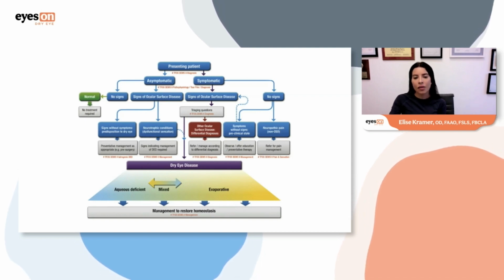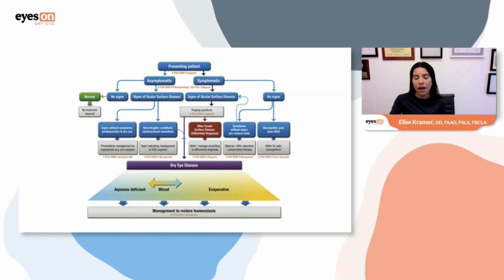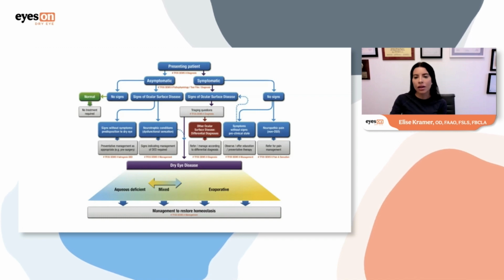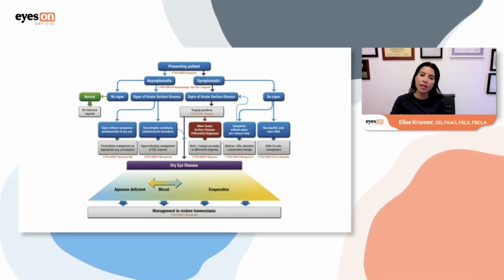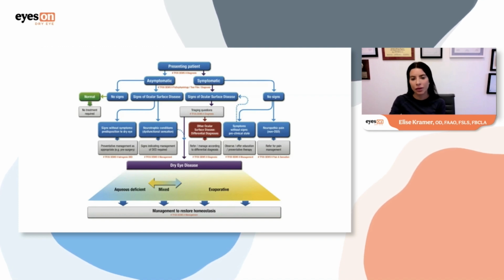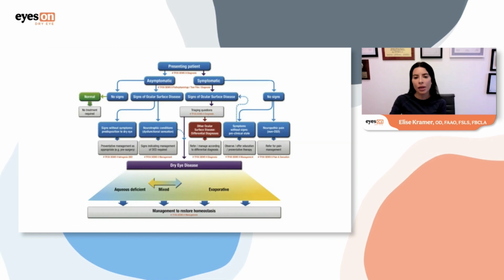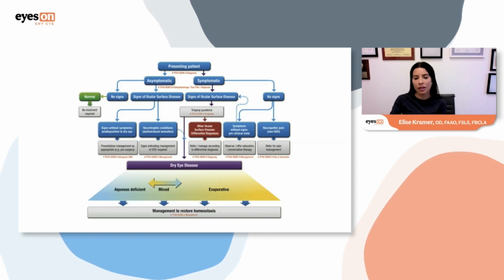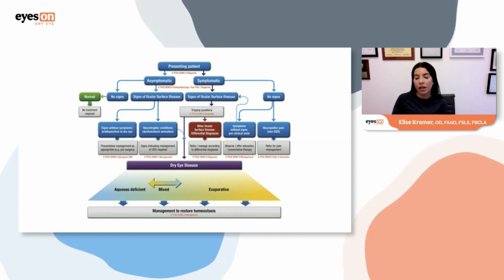Dry eye itself can be broken down into aqueous deficient dry eye and evaporative dry eye, which is predominant, and there are a lot of cases that are going to be mixed. So the management for dry eye disease is, again, restoring that homeostasis. Because remember, the definition of dry eye disease is a loss of homeostasis. So when we apply any sort of treatment, it's going to be to restore it.